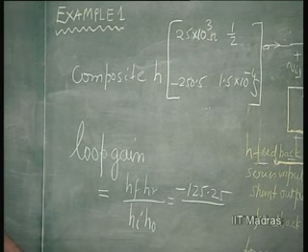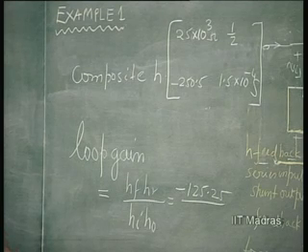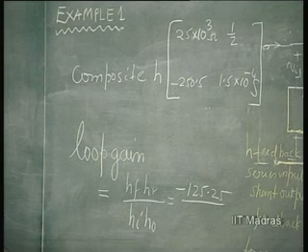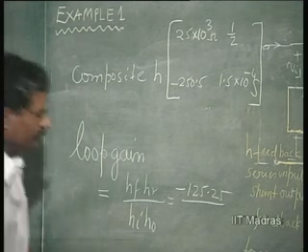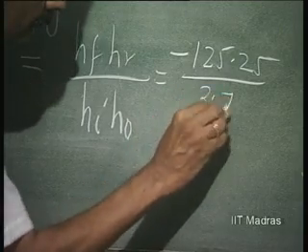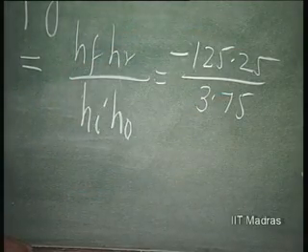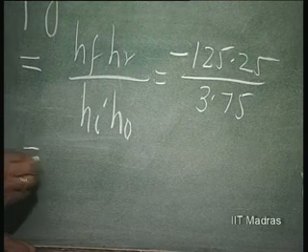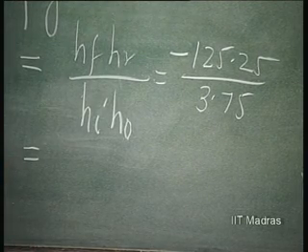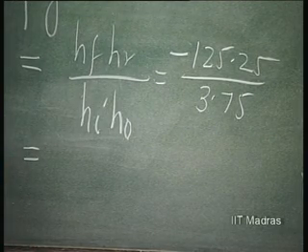Is it correct? 2.5 into 1.5 is 3.75. So, please find out this 125.25 by 3.75. 33.4.